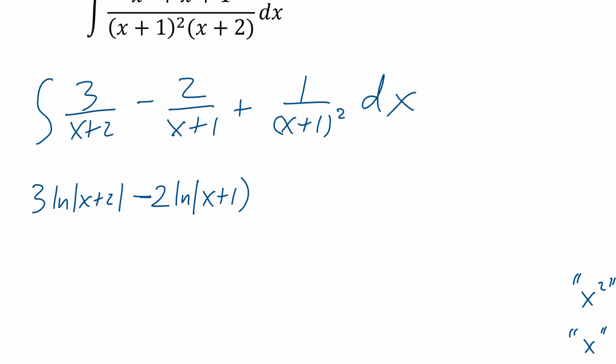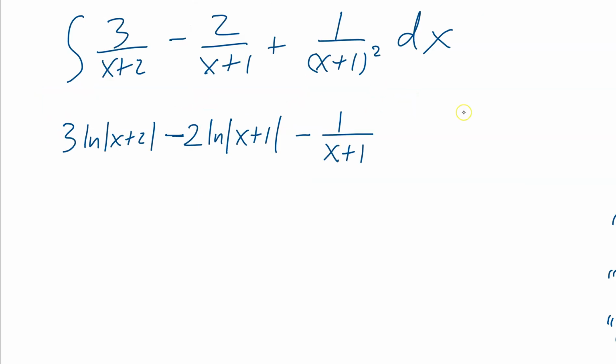And then the final one, I keep putting parentheses, is just x to the negative 2. So this is just going to be add 1, subtract 1. So this is really x plus 1 to the negative 2. So we're just going to add 1 to it. So we end up with negative 1 over x plus 1 plus c.